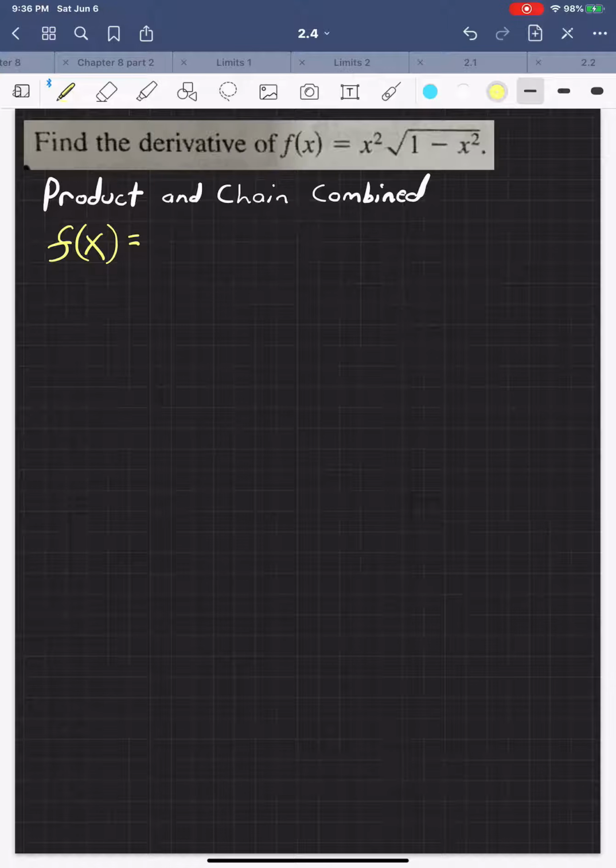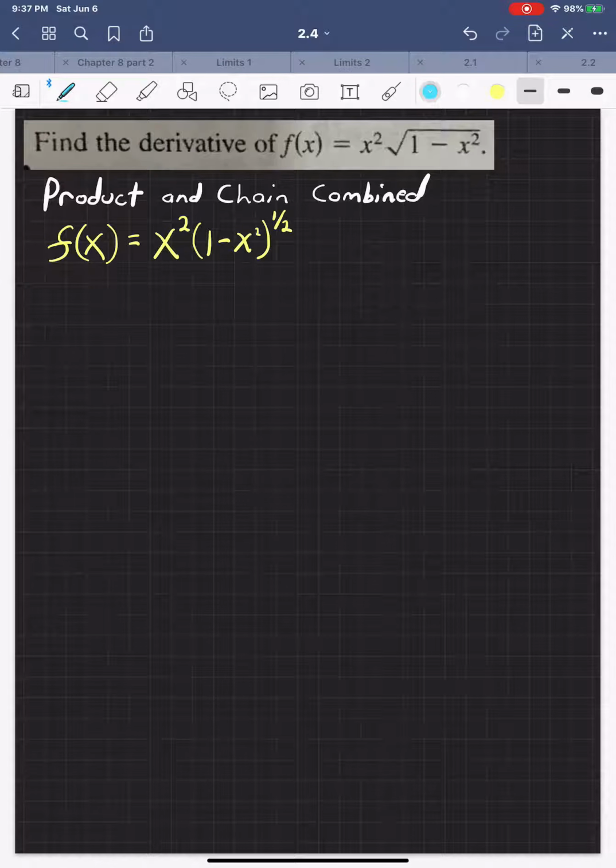My course of action is I first ask, can I rewrite this to make my derivatives easier? Well, I can. I can rewrite f as x squared, and instead of having a square root, I could have 1 minus x squared to the power of 1/2. But let's assume that we don't notice a chain rule is going to be needed yet.